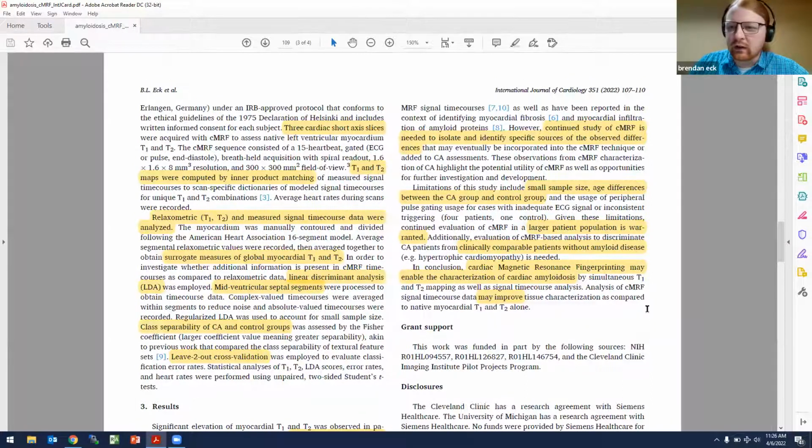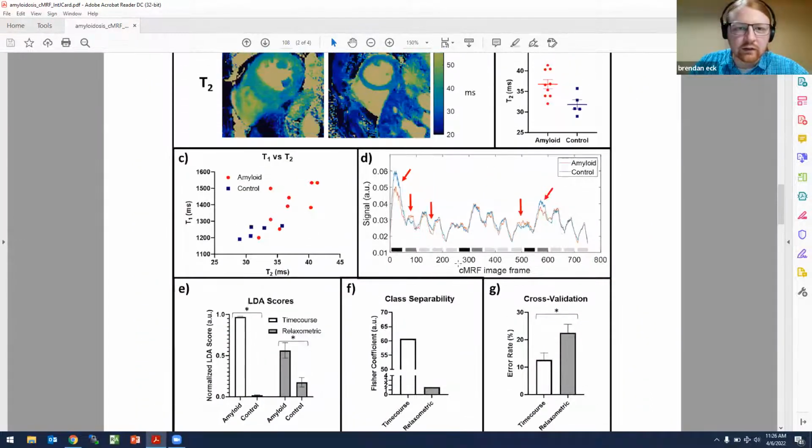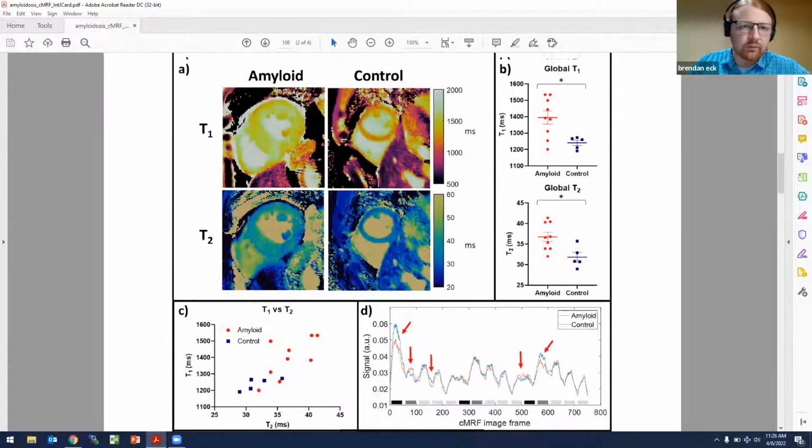So as far as results, I think it's easier to look at these visually. We'll go through each part of this figure. So in panel A, these are just example T1 and T2 maps of an amyloid patient as compared to a healthy control. In panel B, it's showing the global T1 values for amyloid shown here on the left and control on the right, as well as global T2.